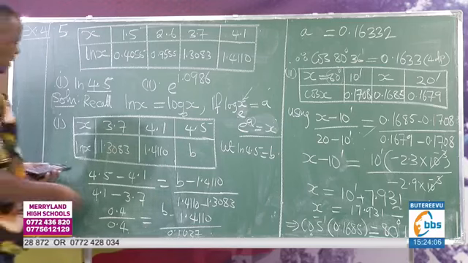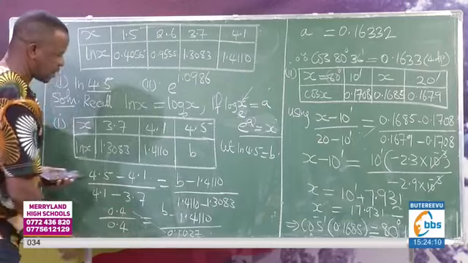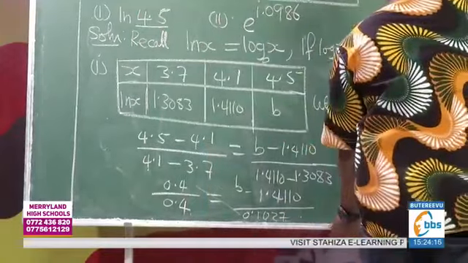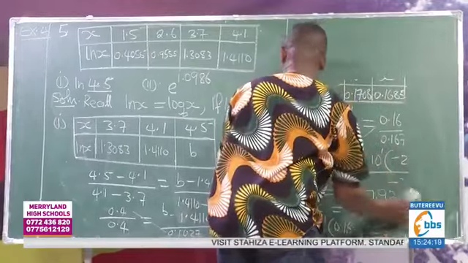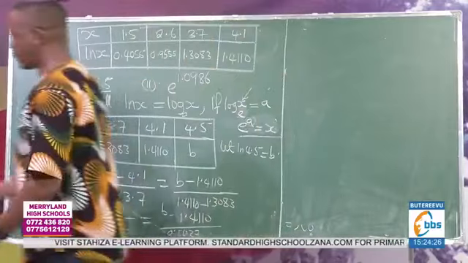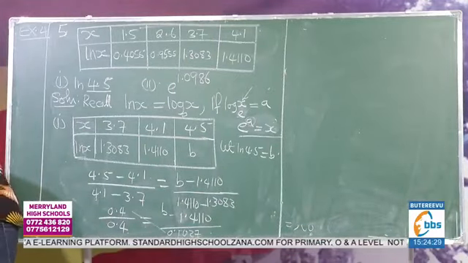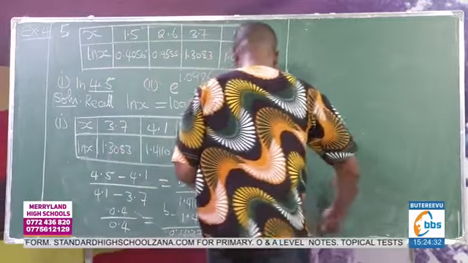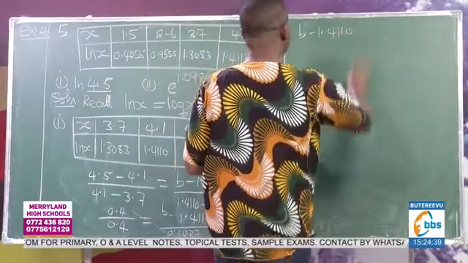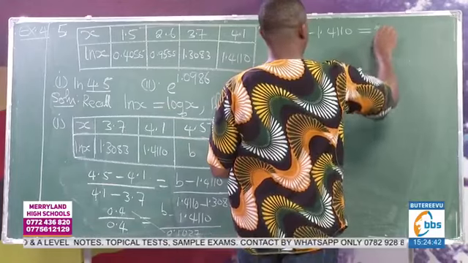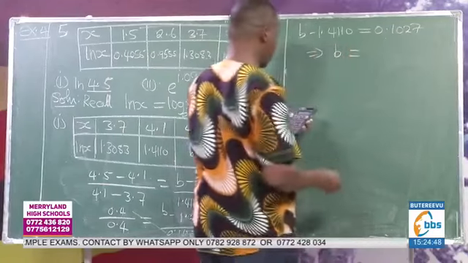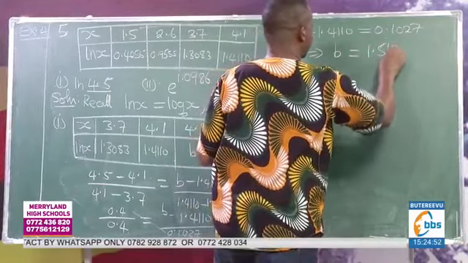If we add on, because this is 1, if we cross multiply, we shall get our b. b minus 1.4110 will be equal to 0.1027, implying that the value of b will be equal to, when we compute, 1.5137.